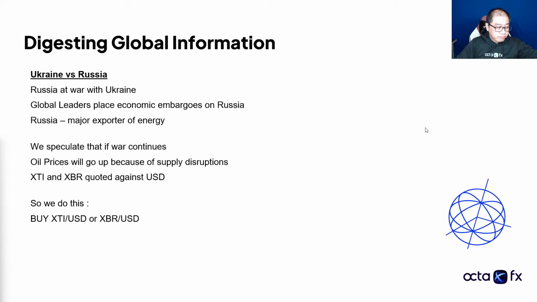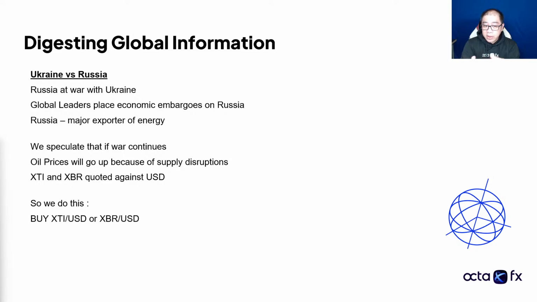Okay, so let's talk about the current market situation, for example. So I'm going to show you an example of how to digest global information. So we got the war in Ukraine and Russia. Russia is at war with Ukraine. Global leaders place economic embargoes on Russia, but Russia is also a major exporter of energy, right?